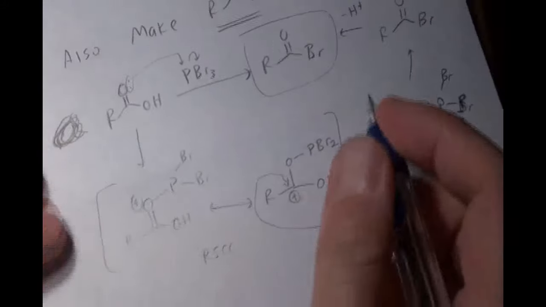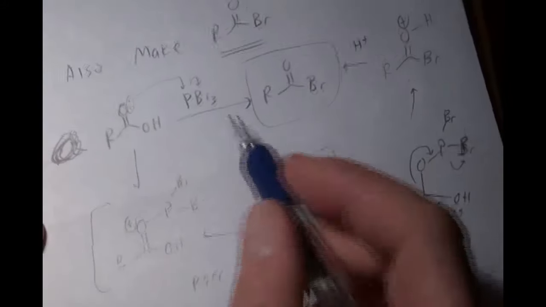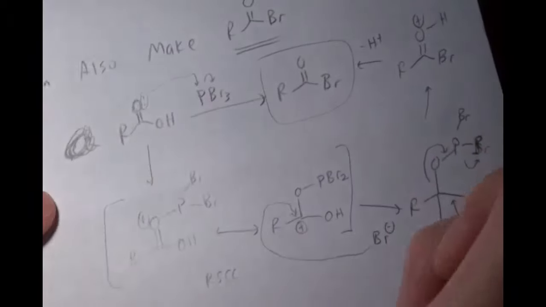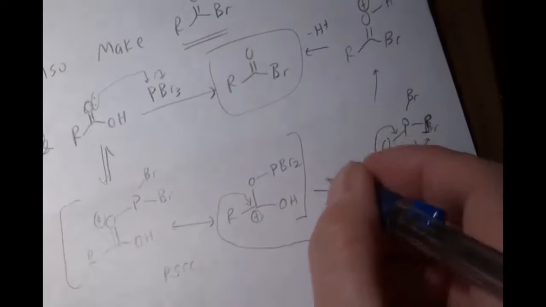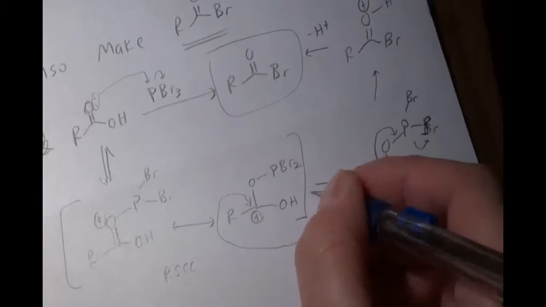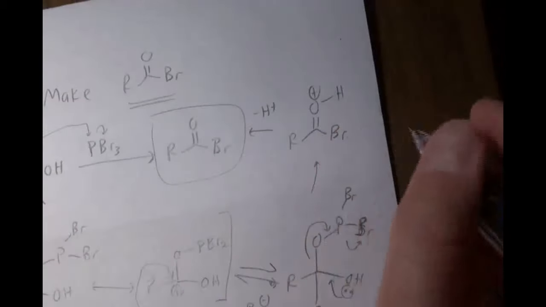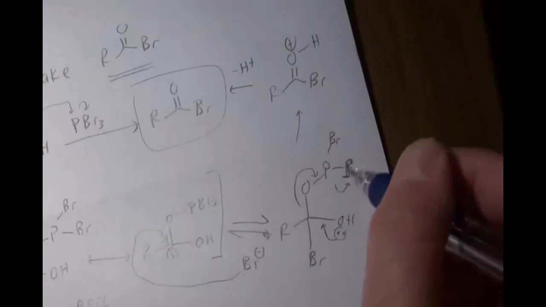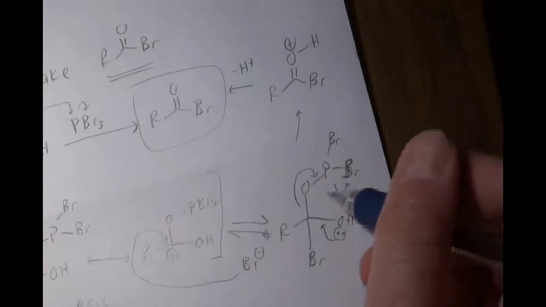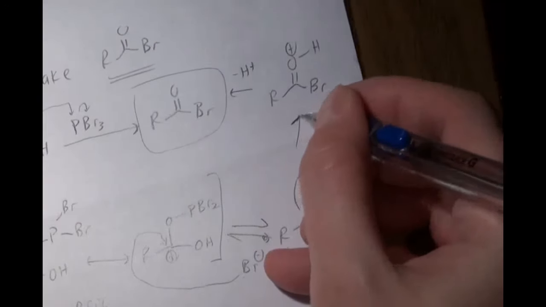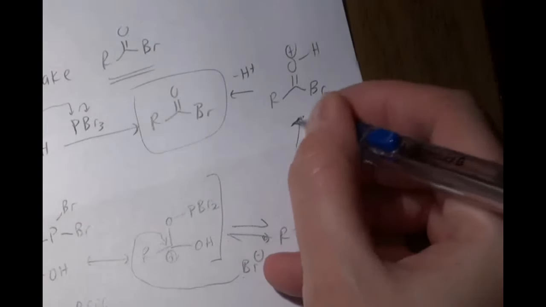Okay, so if you wanted to draw this with reversible arrows, I'll just adjust this. It's reversible, reversible. This step is irreversible because the formation of the phosphorus double bond oxygen thing is a very stable molecule, so it's considered irreversible.